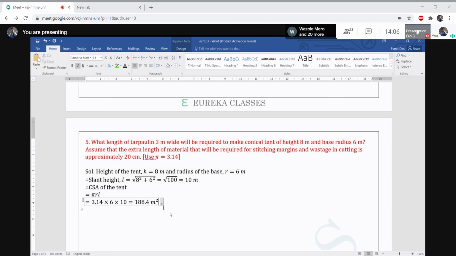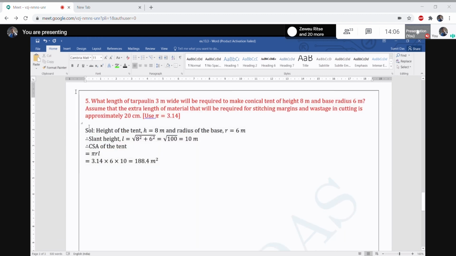Okay, up to this I hope it is not very difficult. But let's read the question again. The question is asking the length of a tarpaulin that is 3 meter wide. So a tarpaulin, a cloth which is 3 meter wide, from there we have to make a cone, we have to make the tent. Understood?